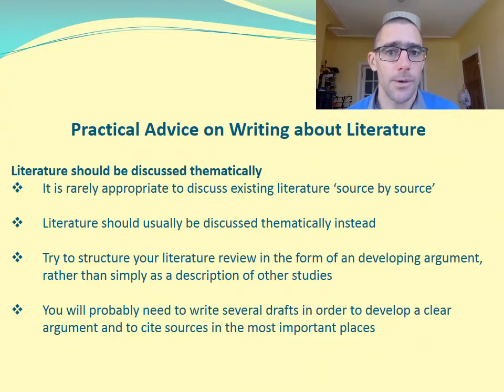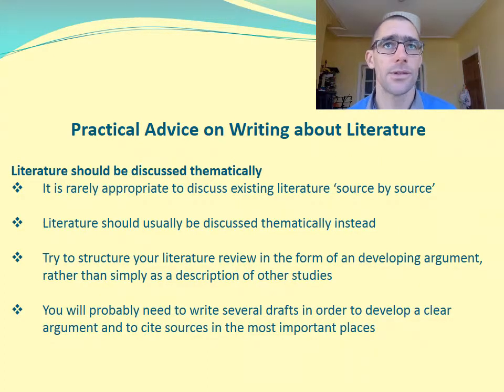A much better approach, and the approach that we would advocate, is for you to organise your literature by themes. This means thinking about what the big, recurring ideas are that seem to come through in the body of literature that you've reviewed, and then organizing your literature review into subsections based on those themes.